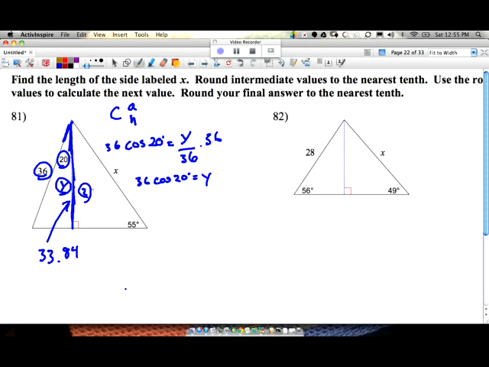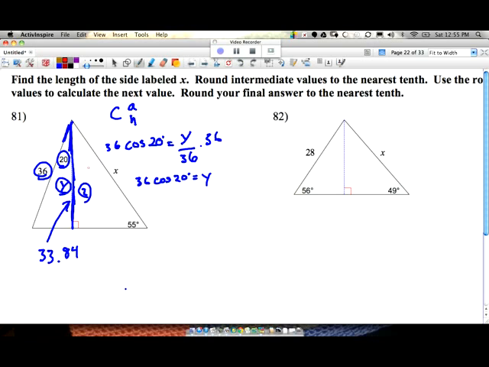And how does that help me? Well, now I have a side, a hypotenuse, and this angle. Let's do the second half of it in red.